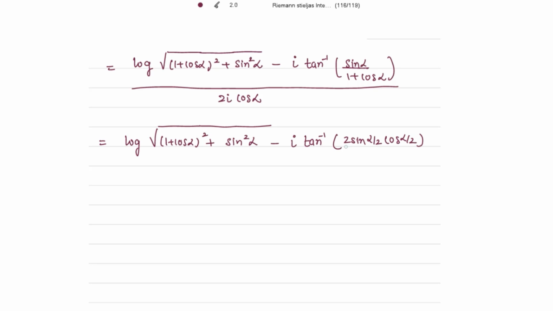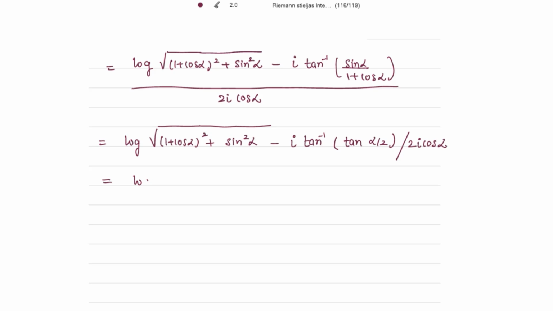This is the identity, and 1 plus cos alpha, I know this is 2 cos square alpha by 2. If you cancel all this, you will get tan of alpha by 2. So I'm writing simply tan of alpha by 2, divided by 2 iota cos alpha. Clear?